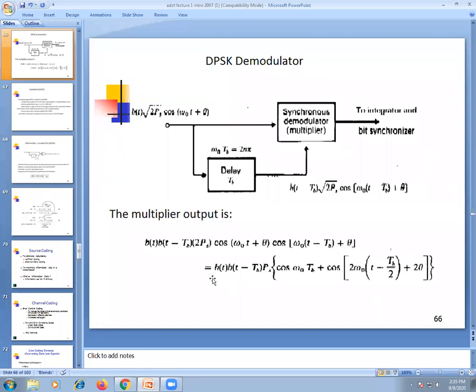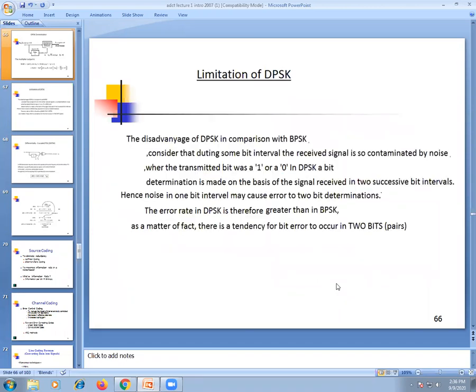That gives B of t, B of t minus T of b, PS cos omega naught T of b plus cos of 2 omega naught t minus T of b by 2 plus 2 theta. This is the multiplier output of DPSK.